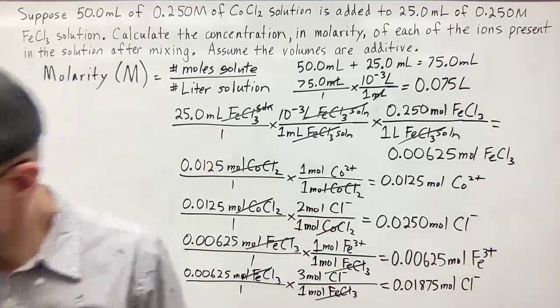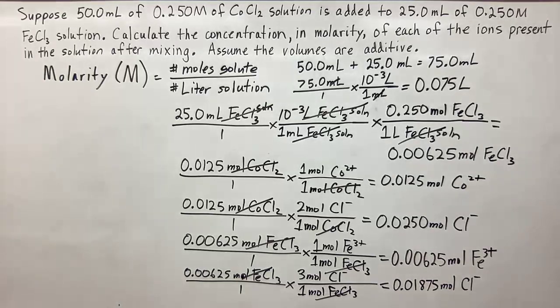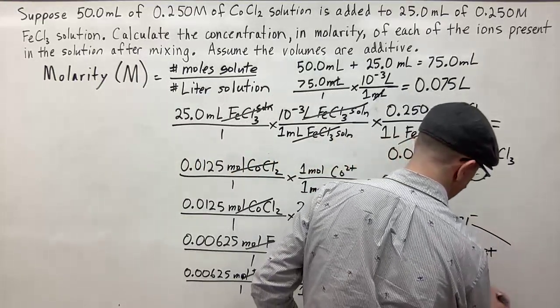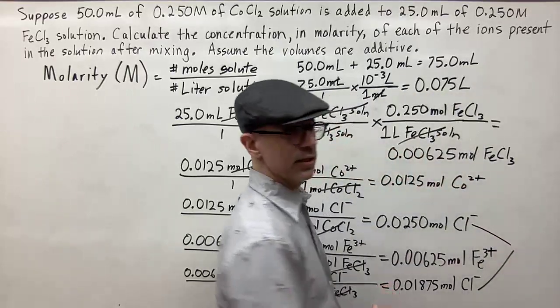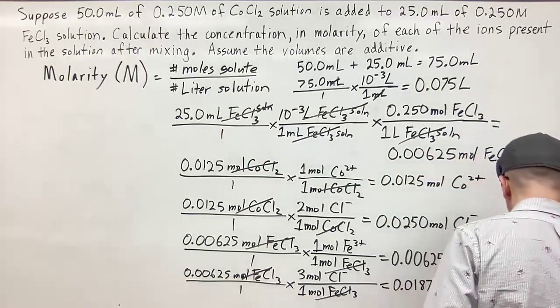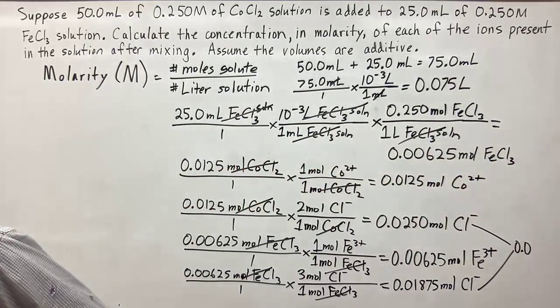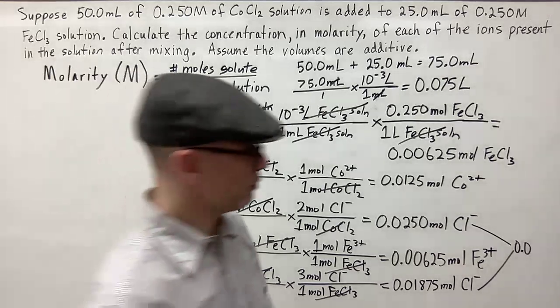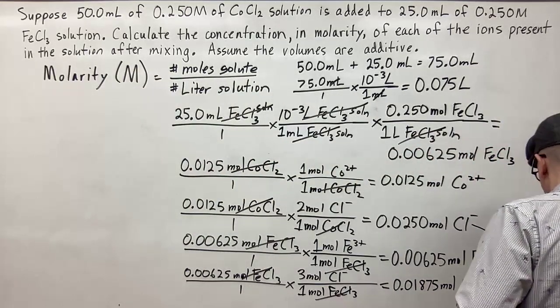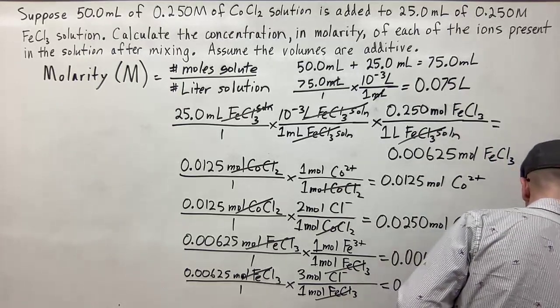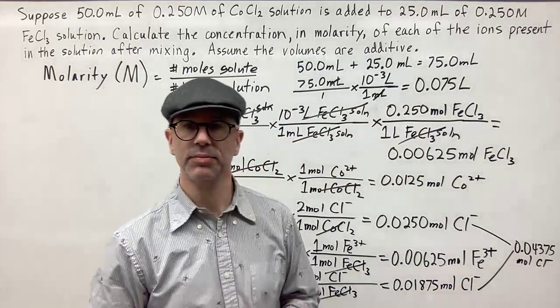And so when we add those together, we get 0.04375 moles of the chloride ion.